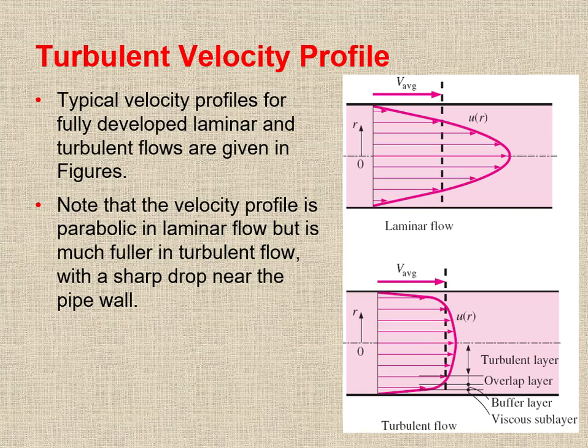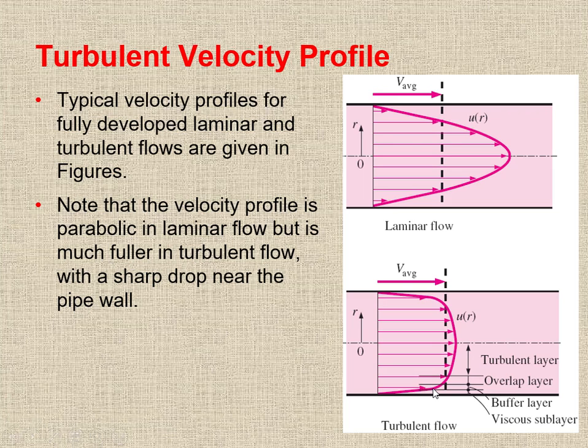There are some more details of the velocity profile of a turbulent flow, and we have some specific definitions as we move from the wall of the pipe to the middle of the pipe. We have given names to the different regions. This region is called the viscous sublayer. It starts from the wall, and from here to here it seems to be a straight line, very close to the wall.